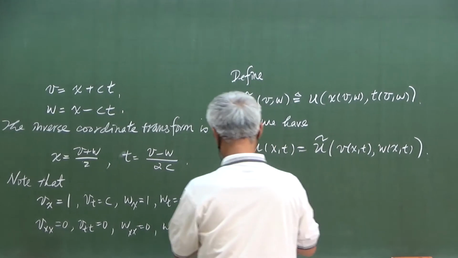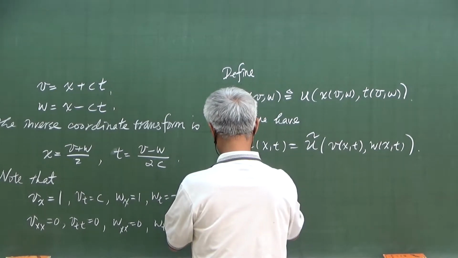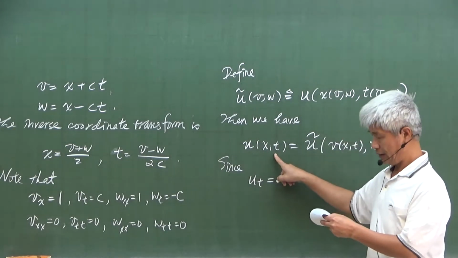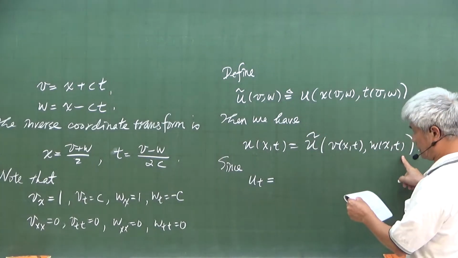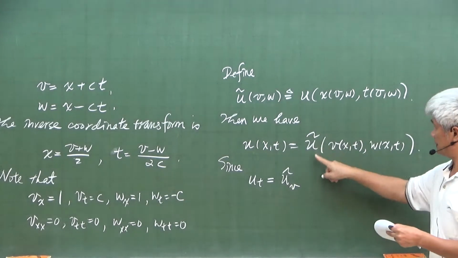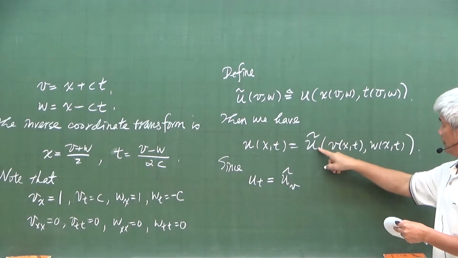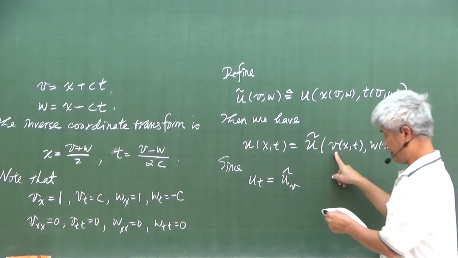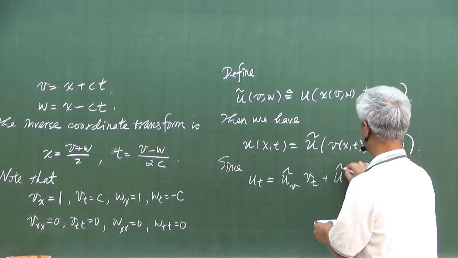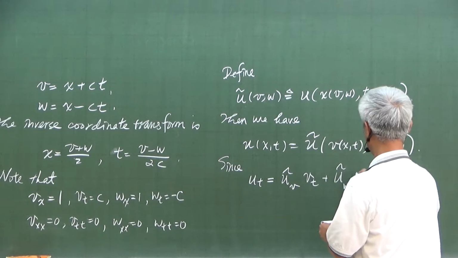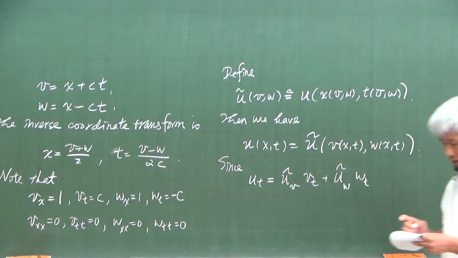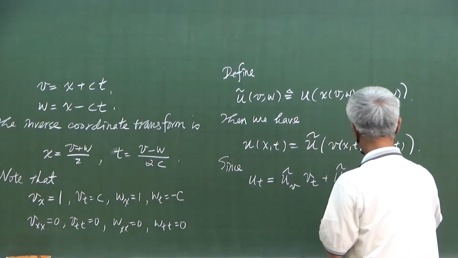For this purpose, we know u_t. By the chain rule, this is u tilde_v times v_t plus u tilde_w times w_t.